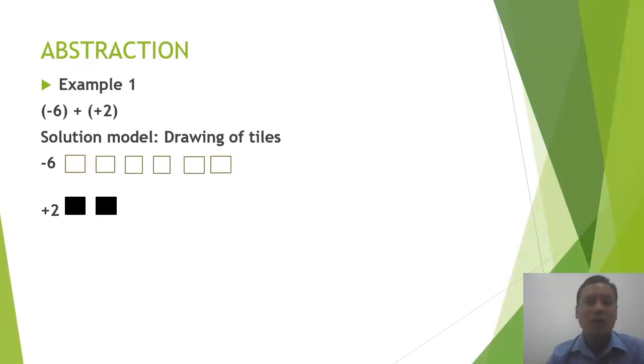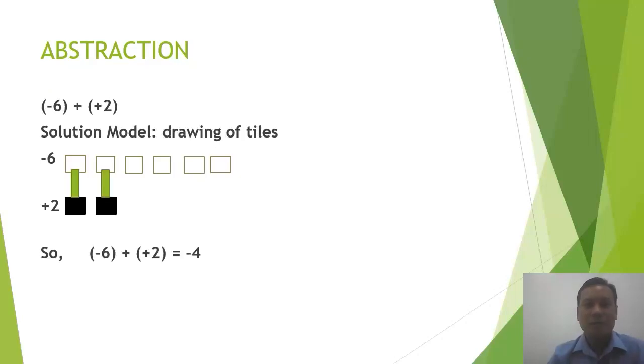Next, what are we going to do next? Alright, let us find a pair, black and white tile. If you find a black and white tile, that is a 0 pair, so they cancel each other out.